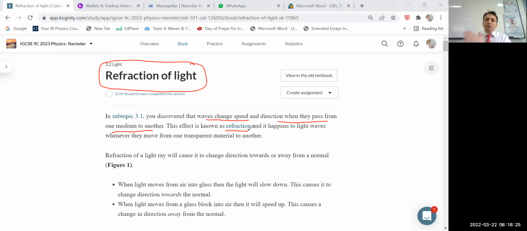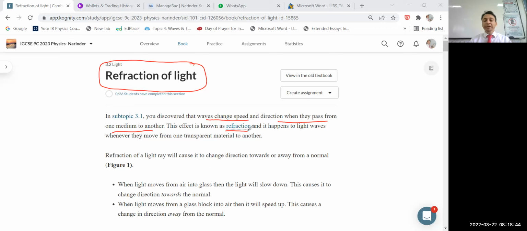When these are allowed to pass through one medium to another medium, their speed changes, their direction gets changed. And this effect and this phenomenon is called, children, refraction of light.